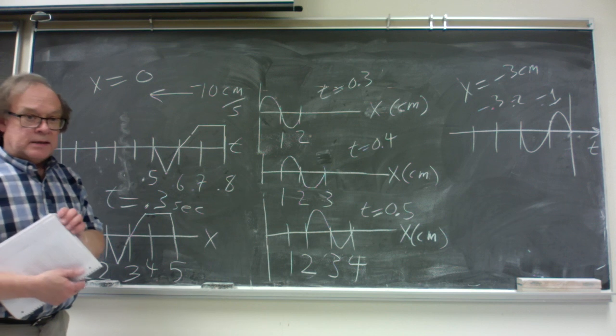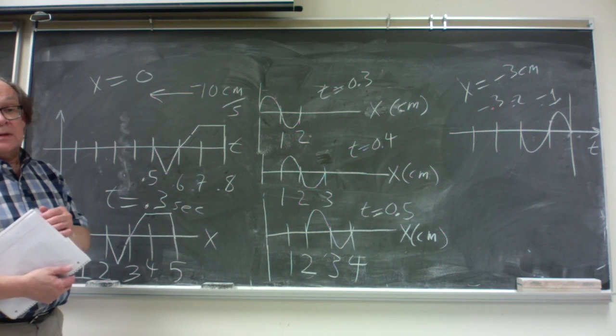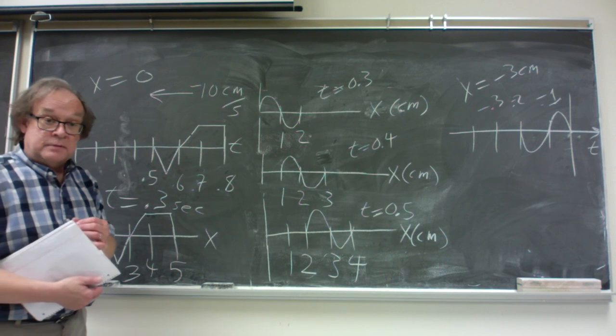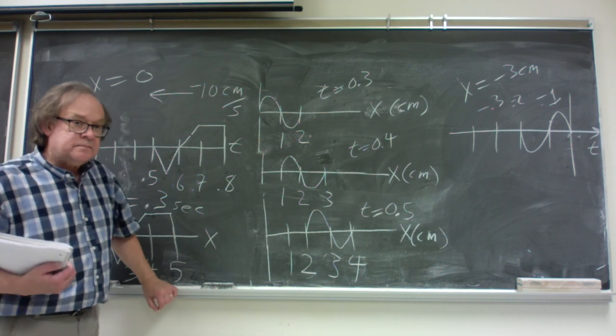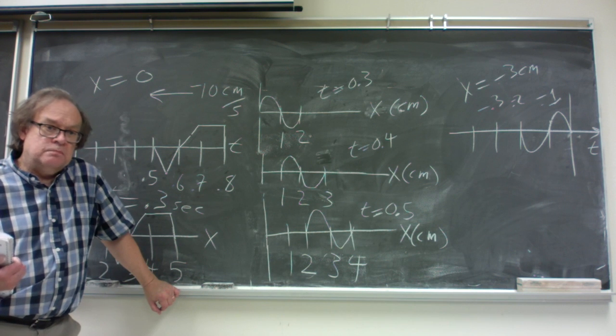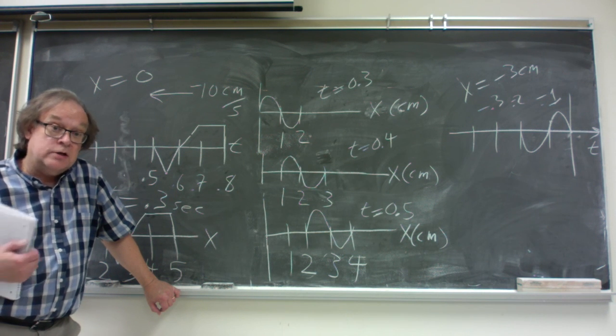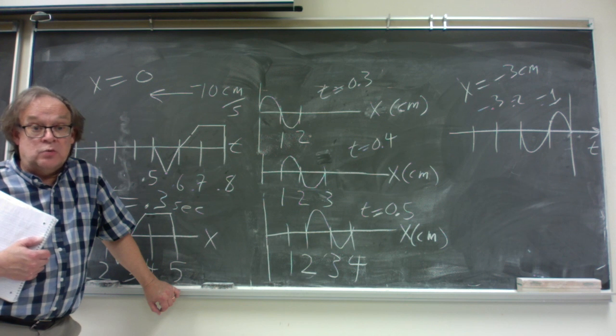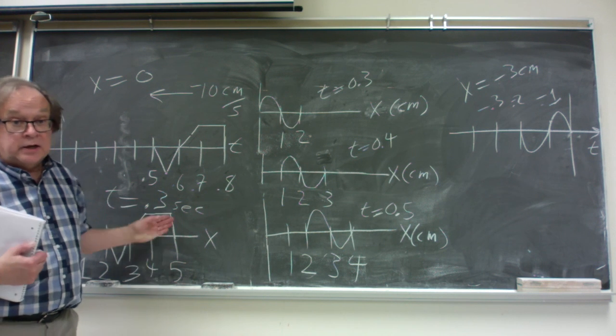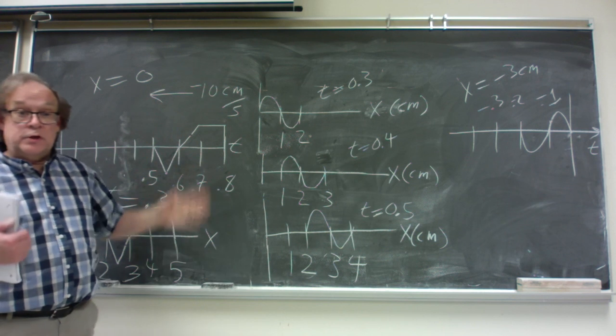So everything else is just another variation on this, either figuring out what the history looks like if you know what snapshot pictures look like, or vice versa, figuring out what snapshot pictures look like if you know the history.